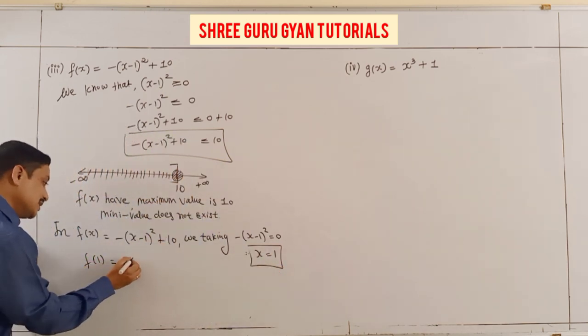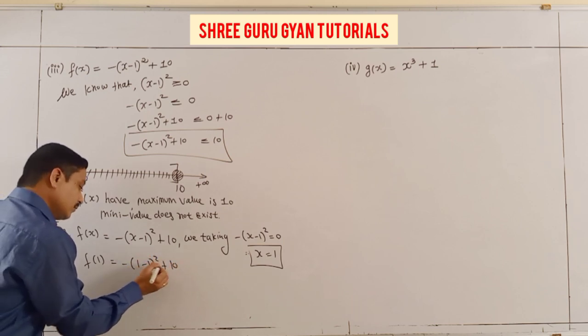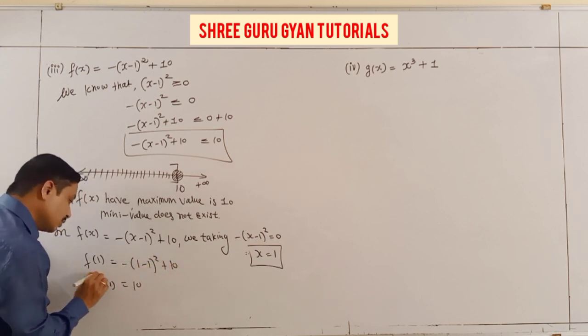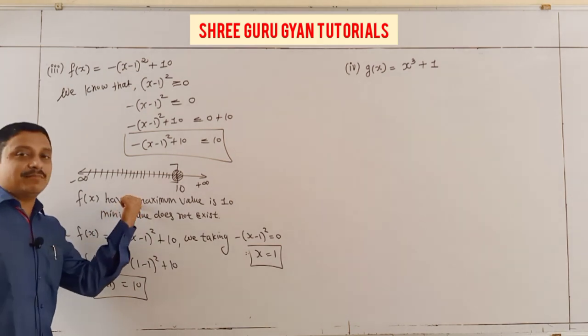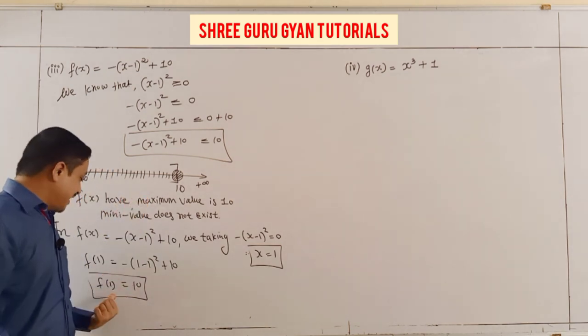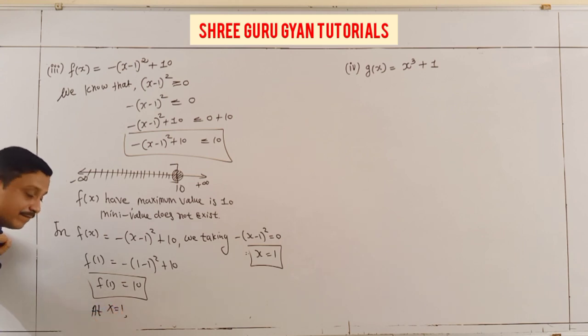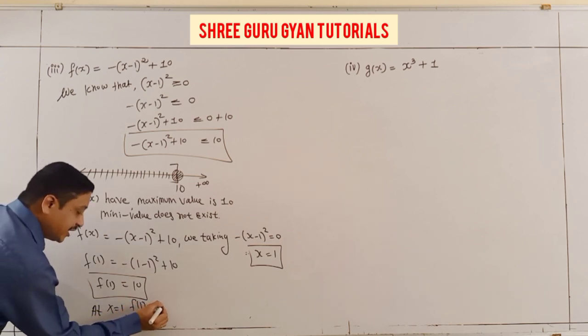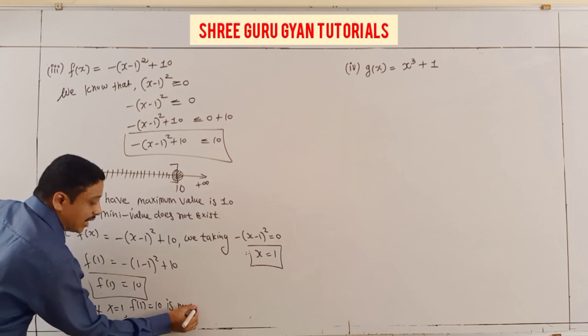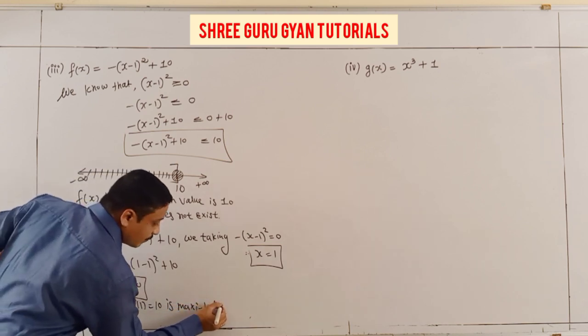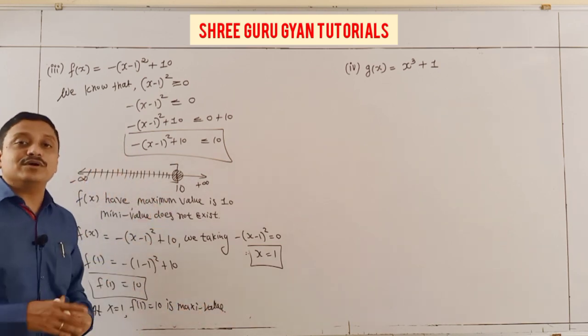So -(1-1)^2 + 10, you get 10. So that's your maximum value at x is equal to 1. So at x is equal to 1, f(1) is equal to 10 is our maximum value. And students, your minimum value does not exist.